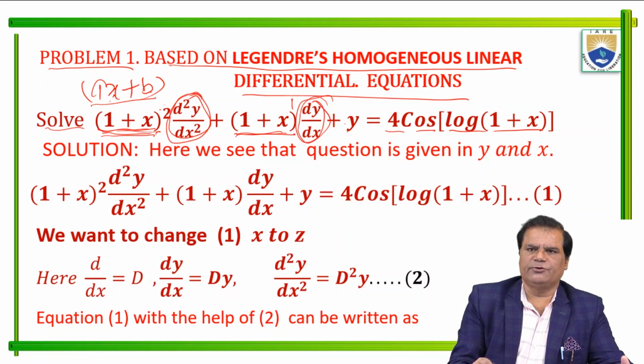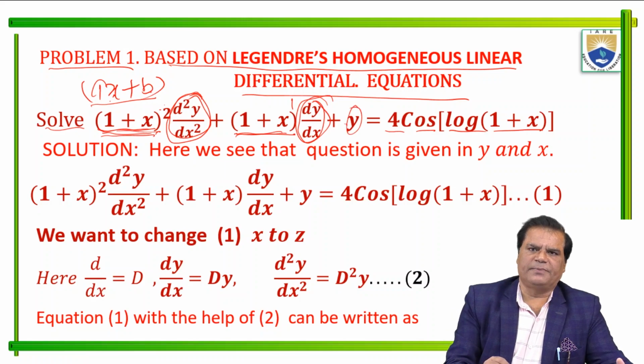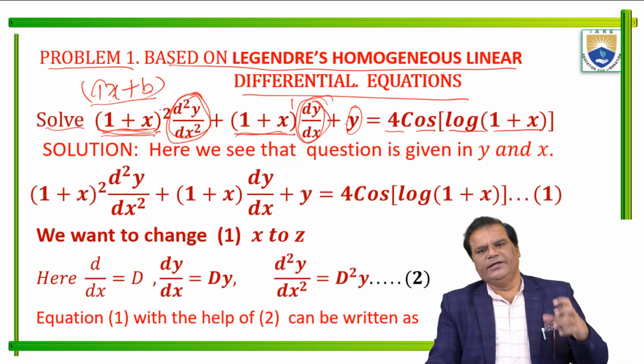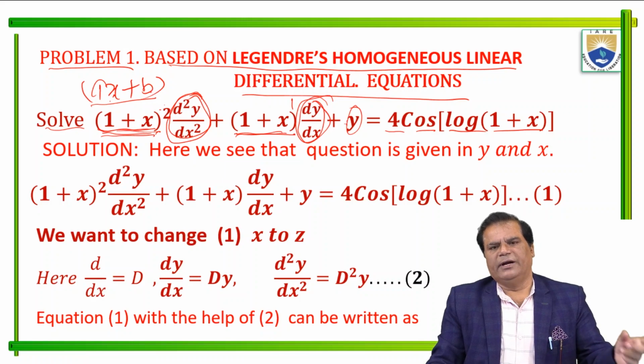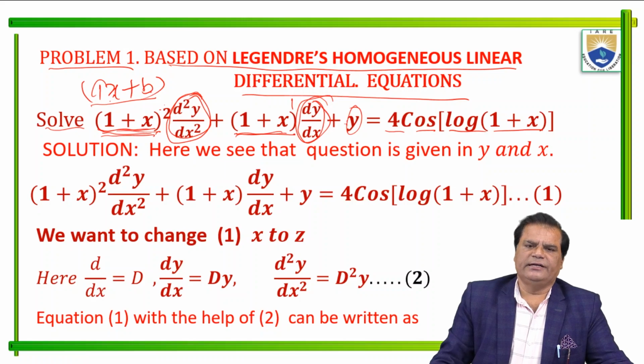Here is a linear equation, power is 0, so multiplied with the 0 order derivative. So here the power of the linear equation is equal to the order of the derivative multiplied with the derivative in each term. Then this is known as a Legendre homogeneous linear differential equation.